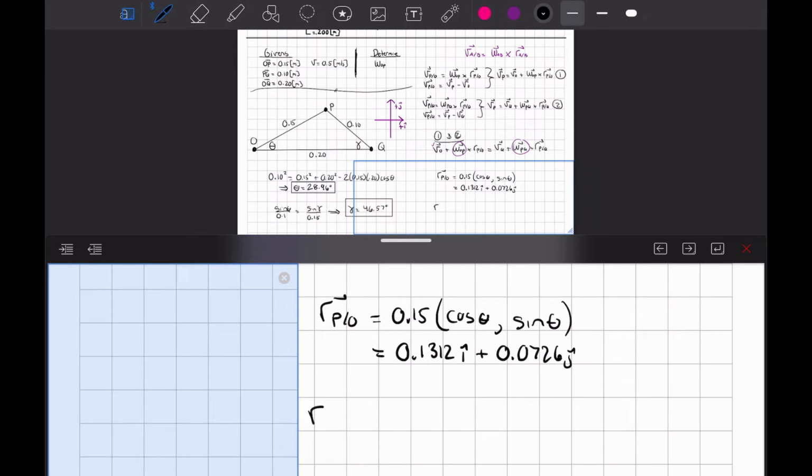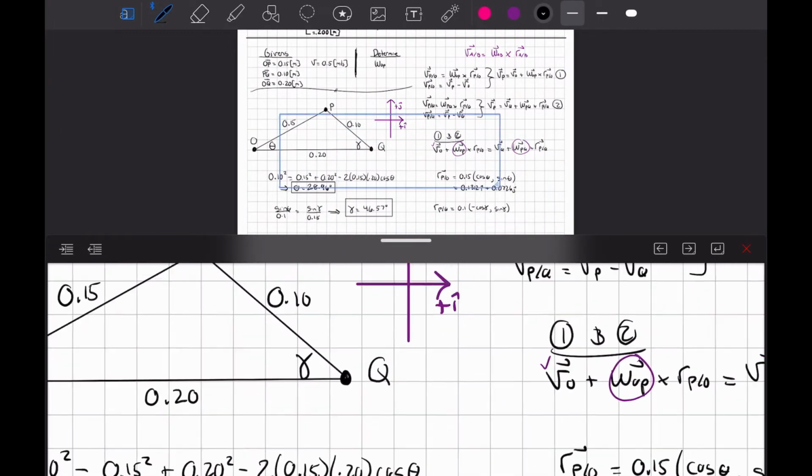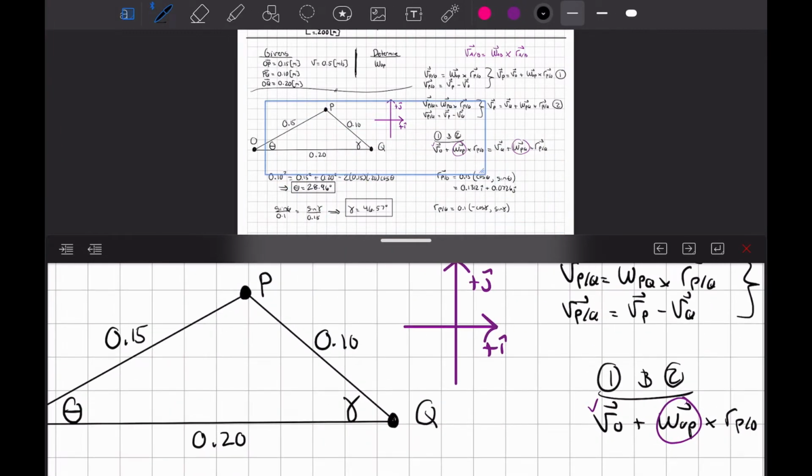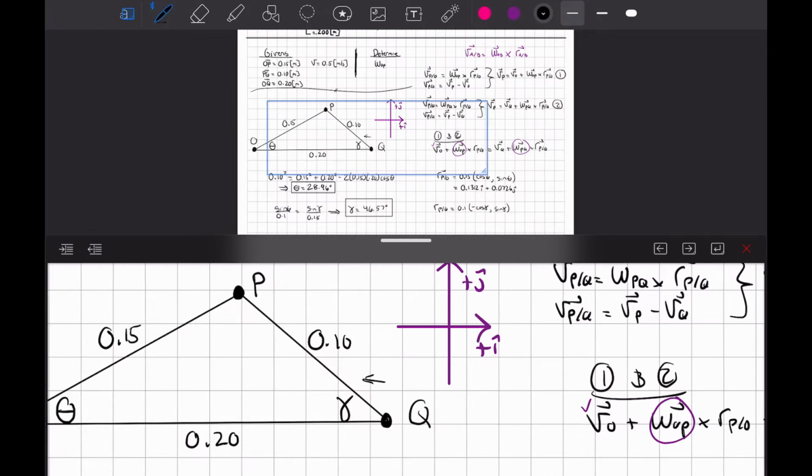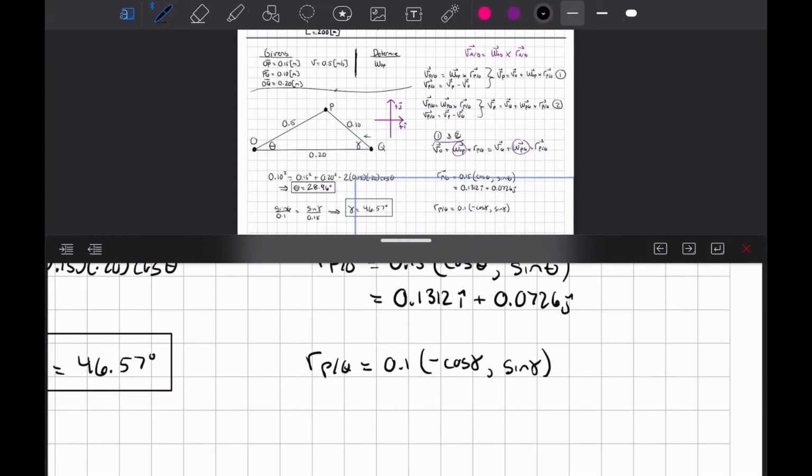And then if we do the same thing for RP with respect to Q, that's just going to be 0.1 times negative cosine gamma comma sine gamma. And the reason that we have that negative in here is because here, RP with respect to Q, you can see it's actually to the left of Q. So we have a negative i hat to account for.